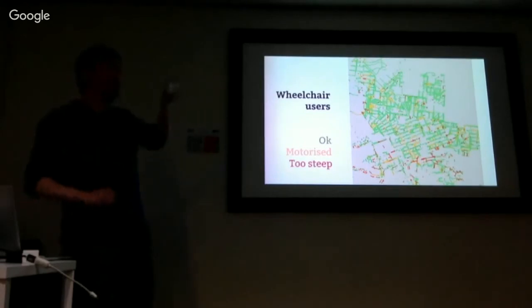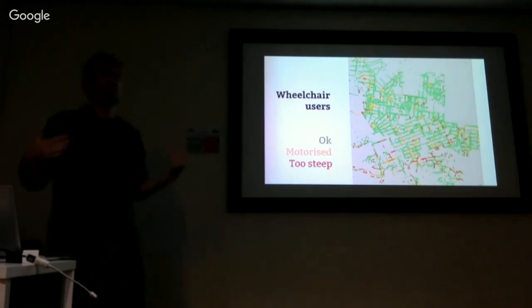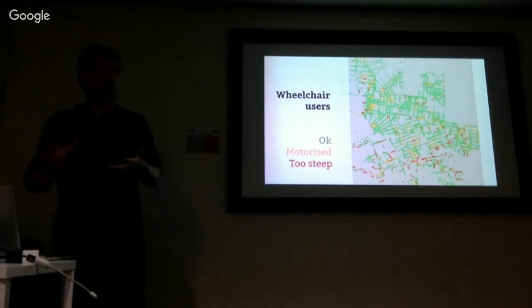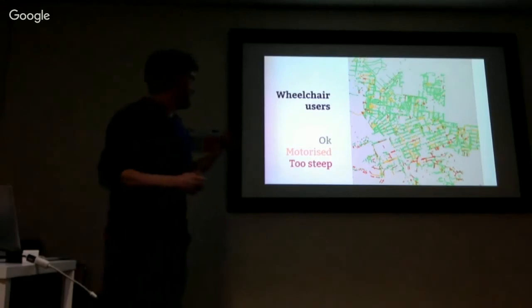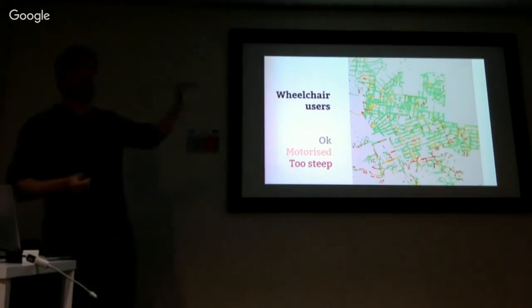And then to make it much more useful, I looked up the regulations for recommended maximum wheelchair gradients for motorized and unmotorized wheelchairs, and where it's just too steep altogether, and reduced the map down to those 3 colors.